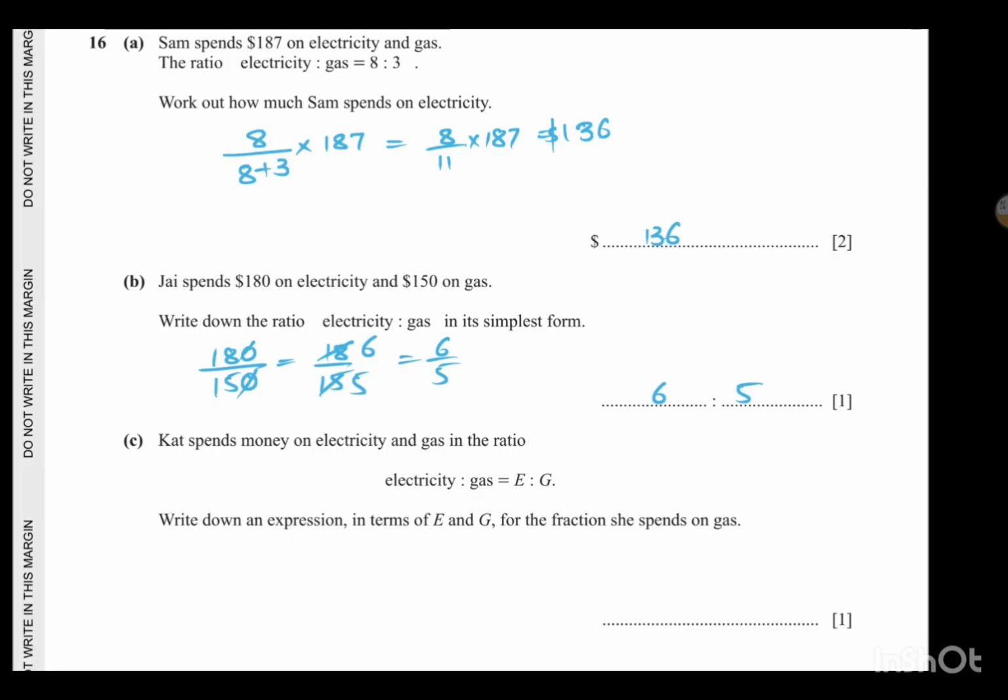You have got the letters for the ratio here, E is to G. G is for gas, that will be taken in the numerator, and the total, E plus G, in the denominator. So this will be the expression of the fraction for the money she spent on gas. So this will be the answer.